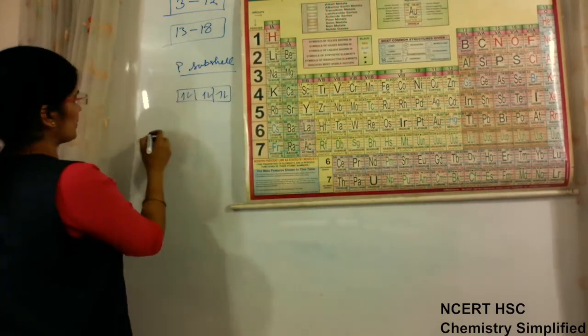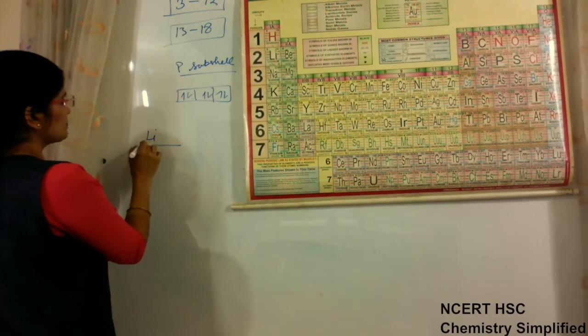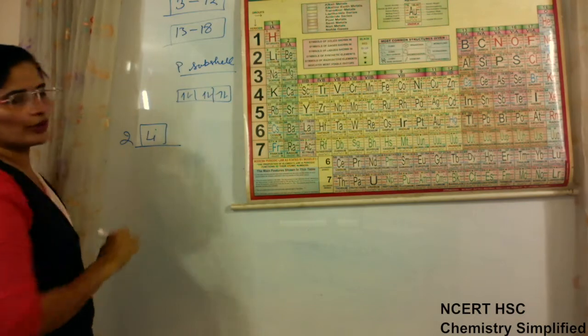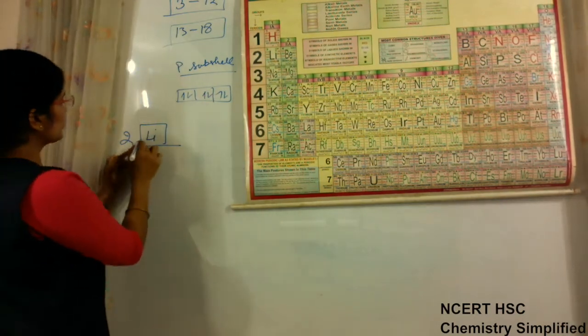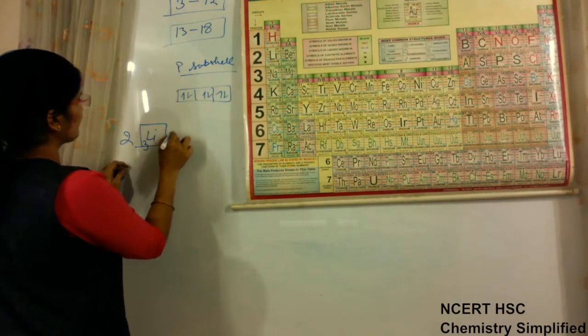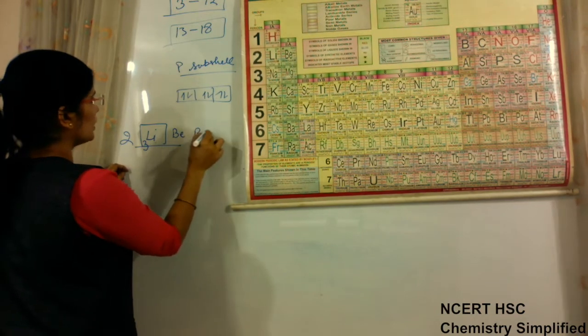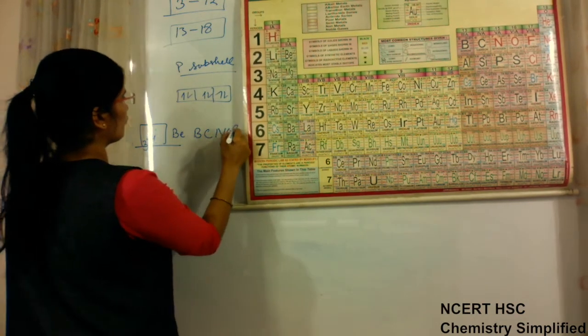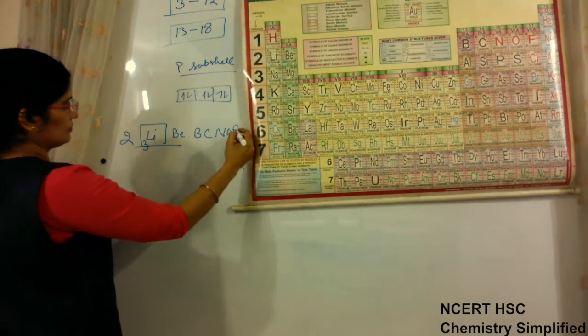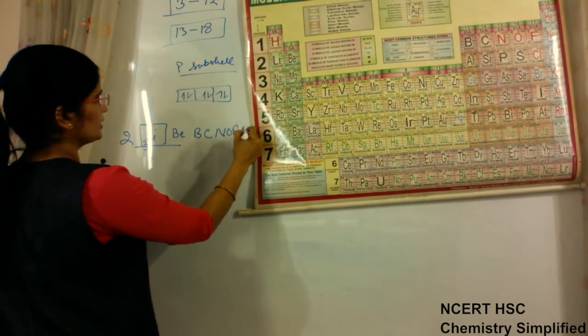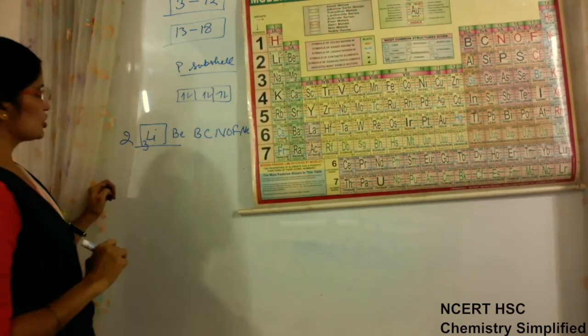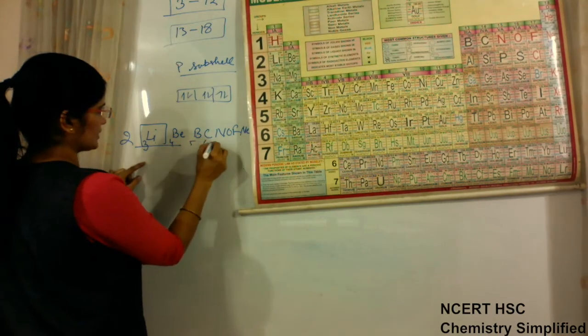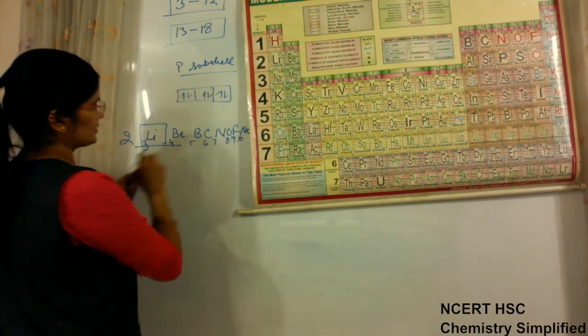So if you remember that lithium belongs to the second period and lithium atomic number is 3, then Li, Be, B, C, N, O, F and neon. So it will be 4, 5, 6, 7, 8, 9 and 10.